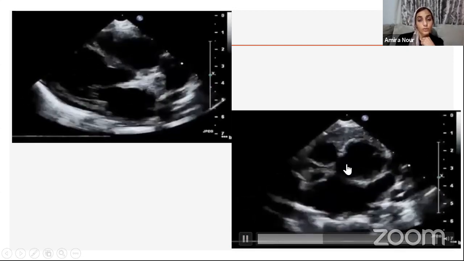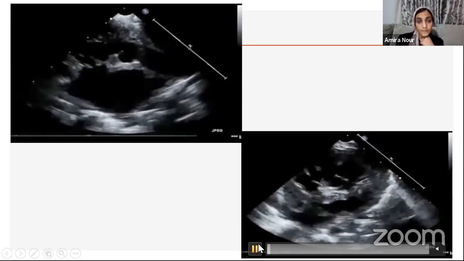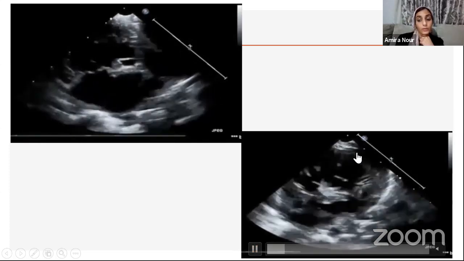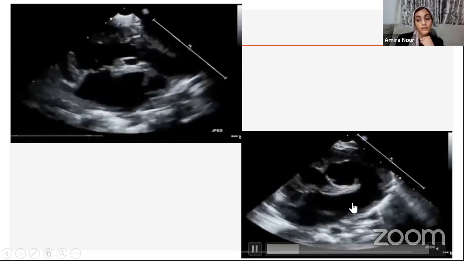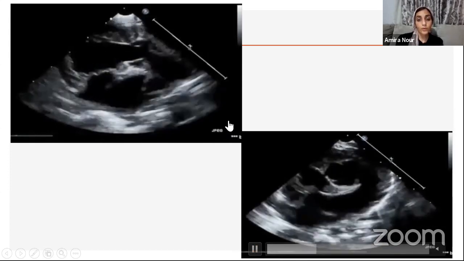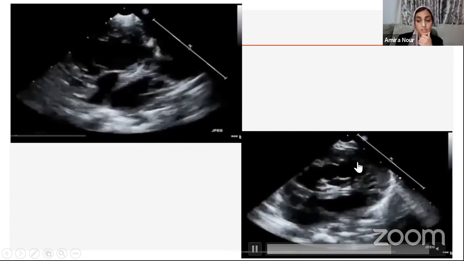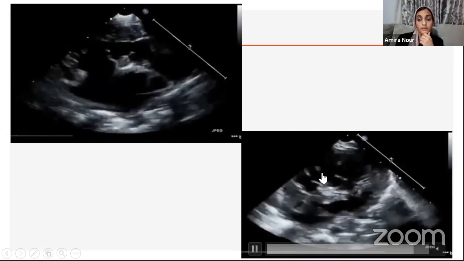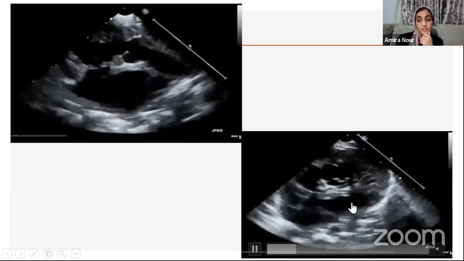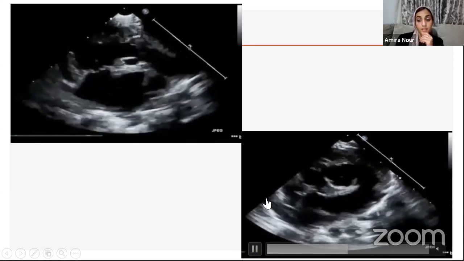And I will show you another form of the relation of the great vessels, where we can identify the normal relationship of the great vessels, the circle and sausage form. Here is the pulmonary valve and here is the aortic valve.